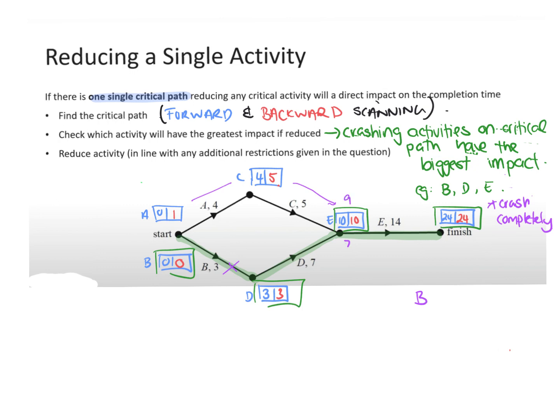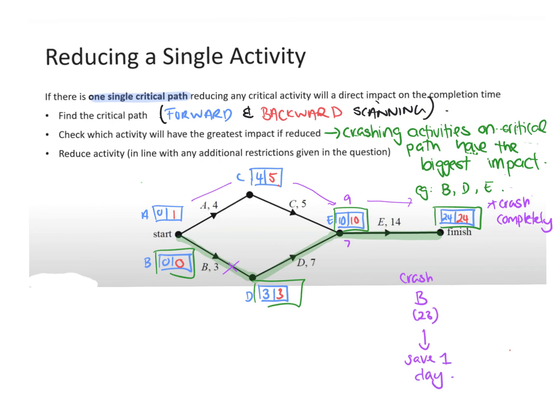So we'd wait for that 9, and then add 9 to 14. So if we crash B, the critical path ends up being 23. Really we only save 1 day if we crash B.